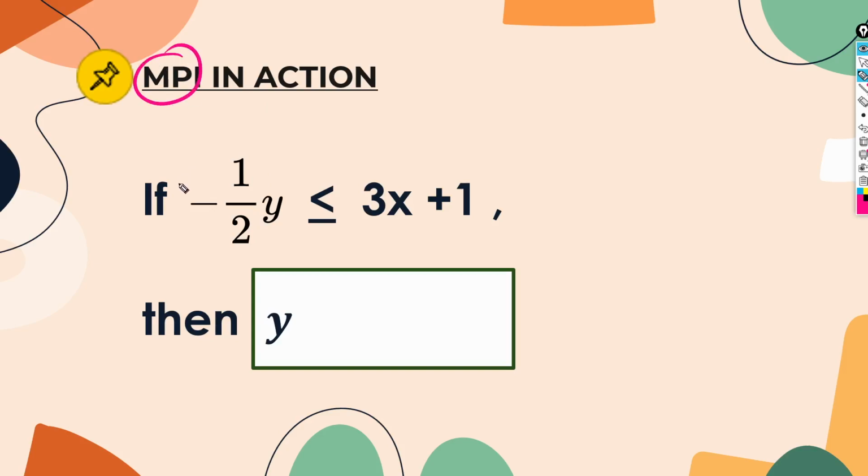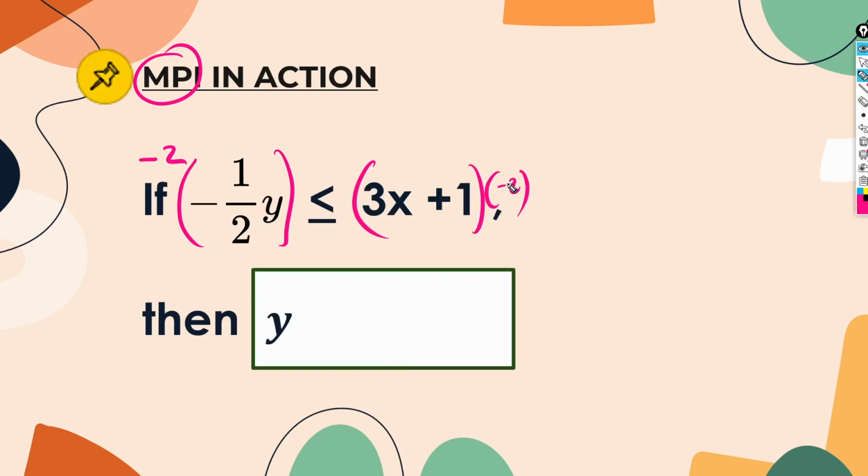Sabi nga ni MPI. But what is that? How do we isolate the y from a negative 1/2 y? Tama. Nag-multiply tayo dyan ng kanyang multiplicative inverse. Multiplicative inverse ni negative 1/2, which is negative 2. Diba? So, dapat nag-multiply ka rin dito ng negative 2.